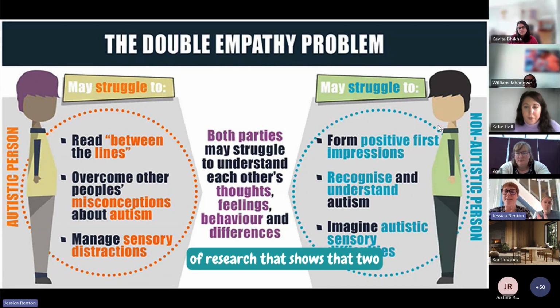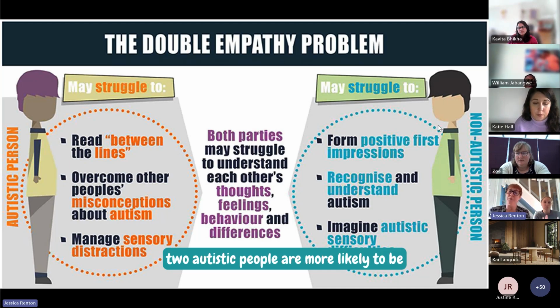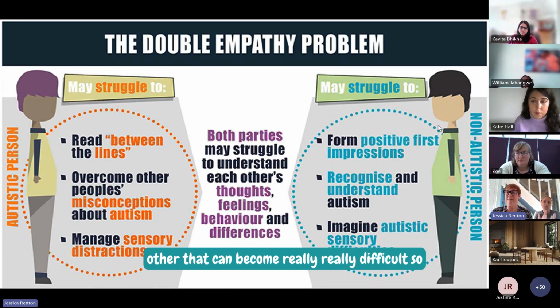So there's plenty of research that shows that two neurotypical people can successfully communicate the same bit of information between each other. Two autistic people are more likely to be able to communicate the same bit of information successfully, but between each other, that can become really, really difficult.